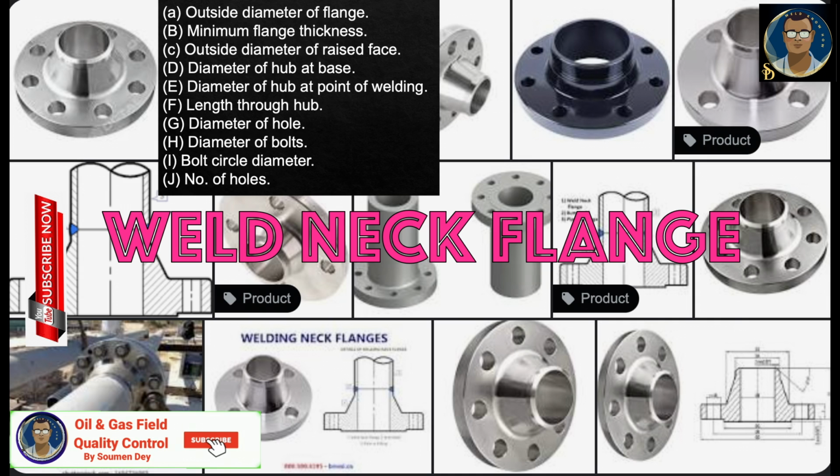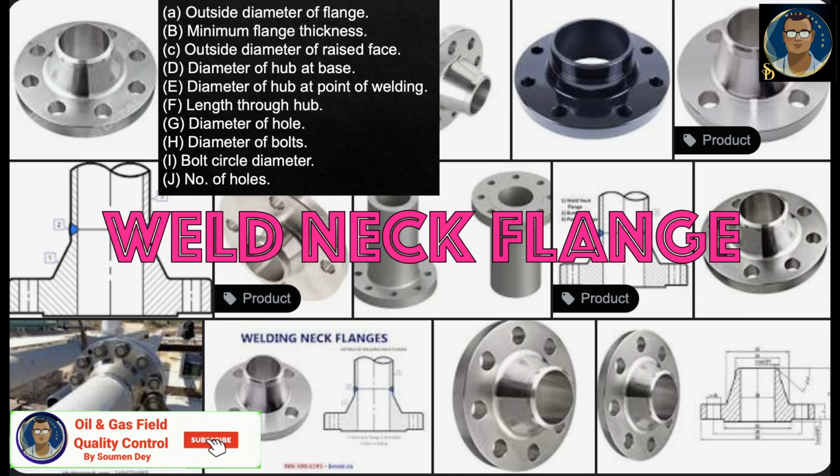It is used for high temperature, high pressure operation or where there is wide fluctuation in pressure and temperature. These flanges are useful for handling costly, hazardous, flammable, explosive fluids because failure or leakage of a flange joint can prove disastrous for the plant.